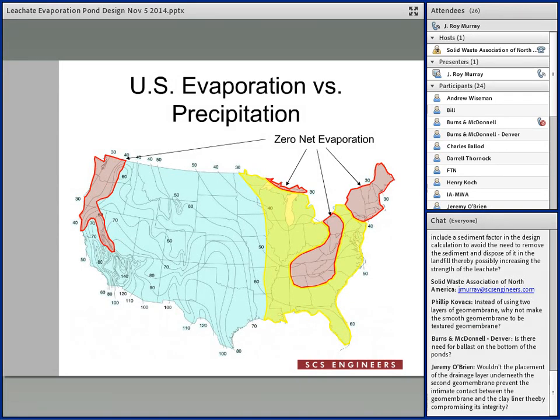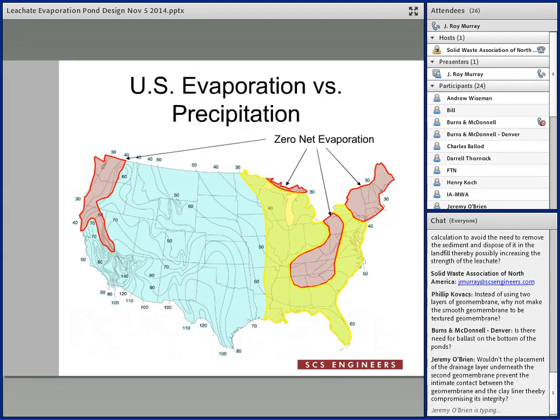It certainly compromises its leak prevention abilities, because when a geomembrane liner is in direct contact with the clay liner, the combination of the two is much better than the two if they're separated. So that is true.